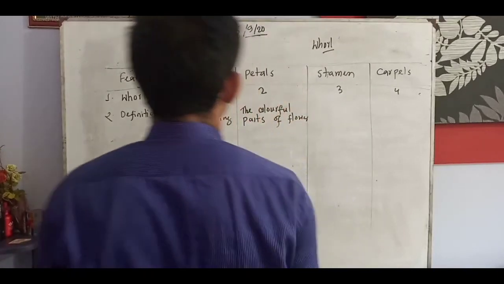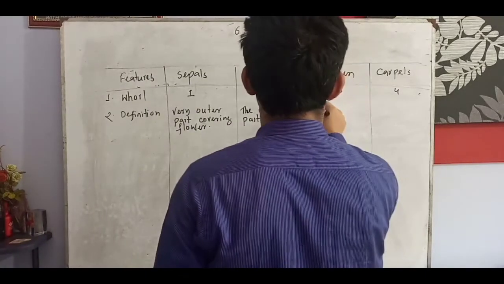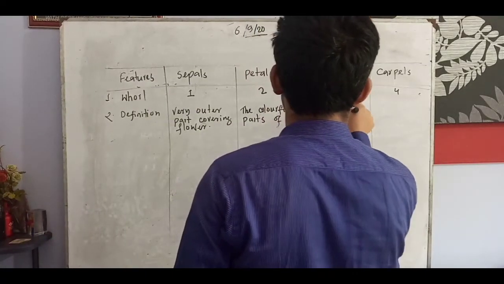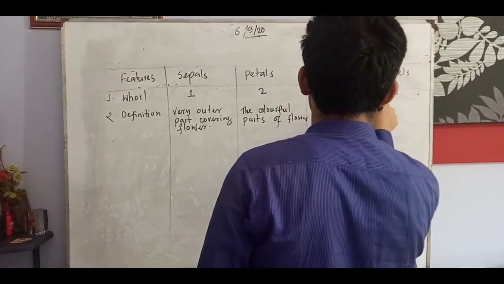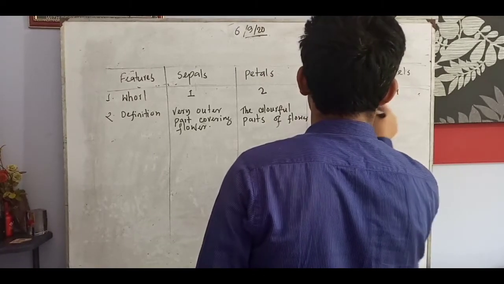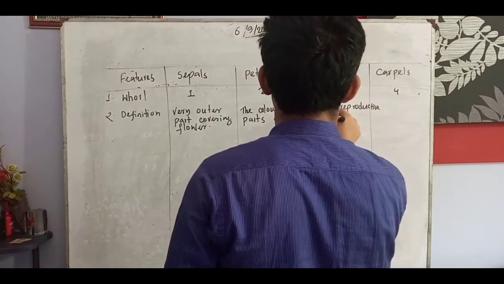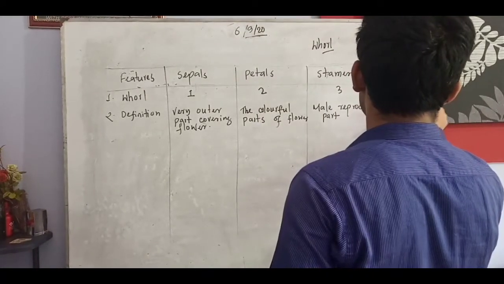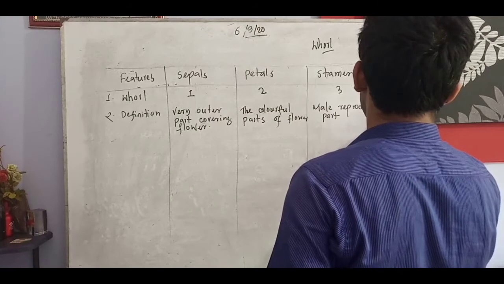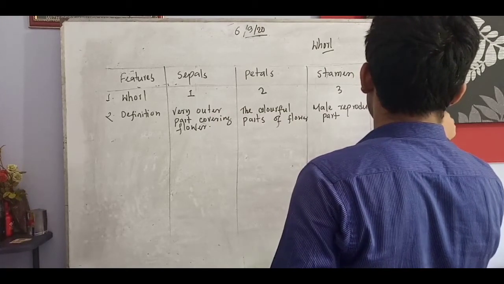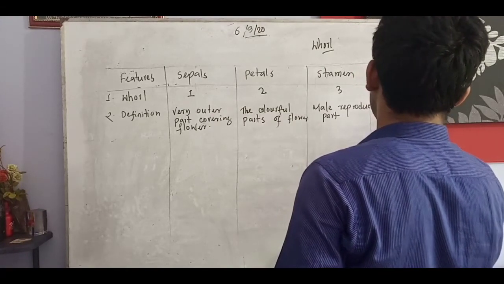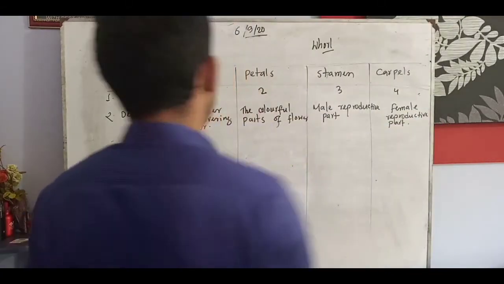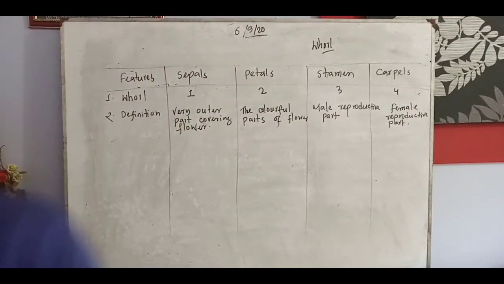Then we can say the male reproductive part of the flower, and the female reproductive part of the flower. That means normally what is the definition, what we know for this one, we will try to understand.